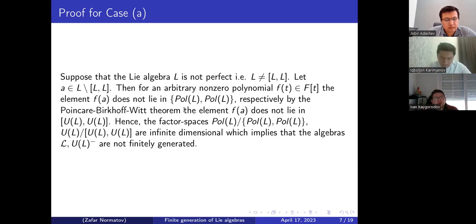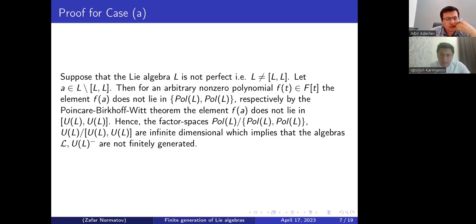And also, respectively, by the Poincare-Birkhoff-Witt theorem, the element doesn't lie in the bracket of UL. And the factor spaces, taking these factors, are infinite dimensional, which implies that the algebras are not finitely generated.